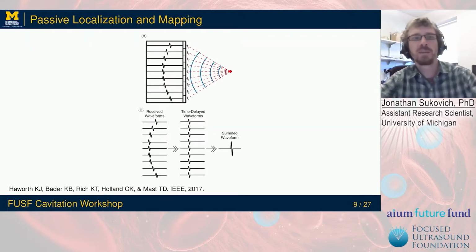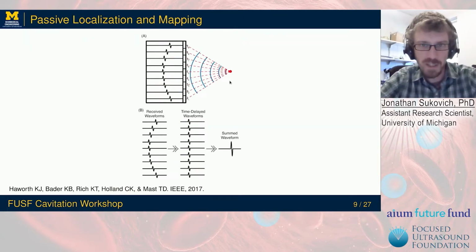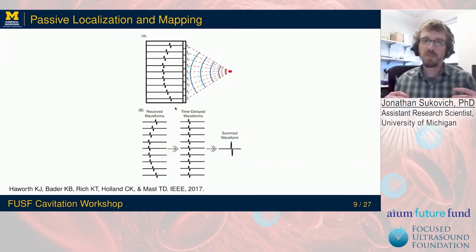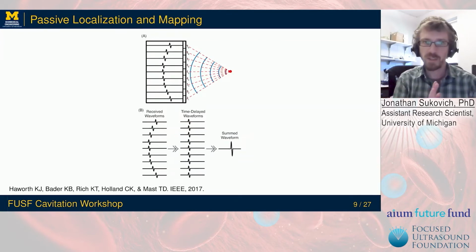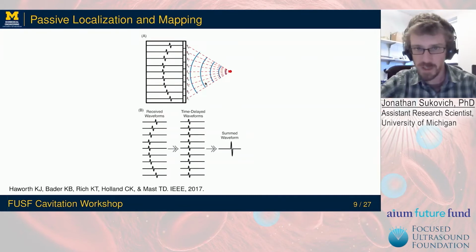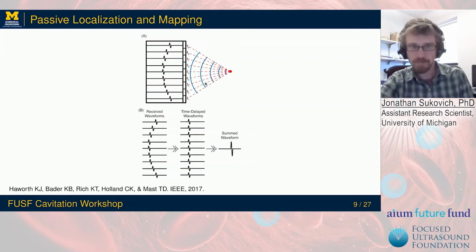The idea behind this passive localization and mapping is that you assume the bubble is a point source emitter, and en route to your receivers, the path that the emission travels to each receiver is different, so the arrival delays are different. But if you can account for those arrival delays, you can delay them such that you can localize the bubble based on assumed sound speed measurements of the propagation medium.